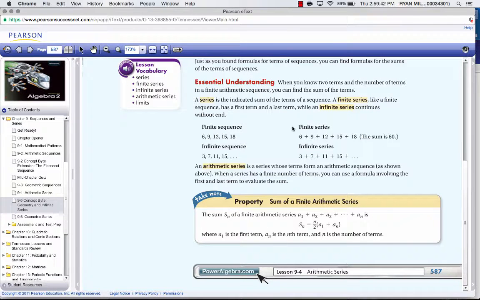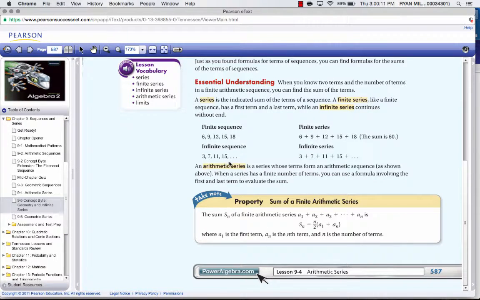The difference between a sequence and a series is that a sequence is just a pattern of numbers in a list, while a series is a summation of those numbers. In a finite series, I could add these 5 numbers up and get a sum of 60. In an infinite series, I would continue to add. If I kept this pattern going, what is that eventually going to add up to?